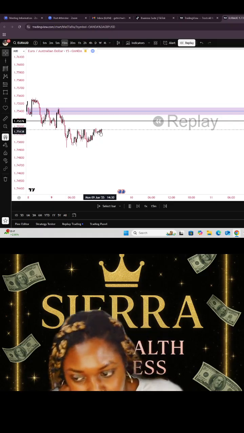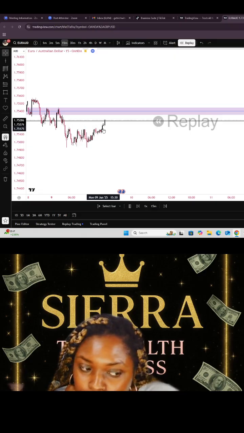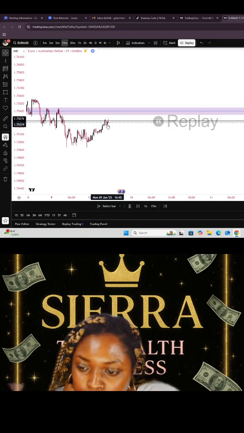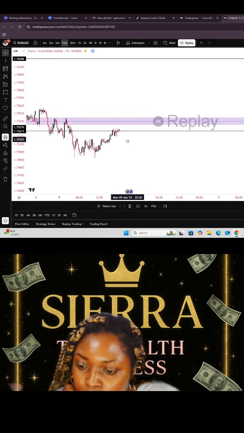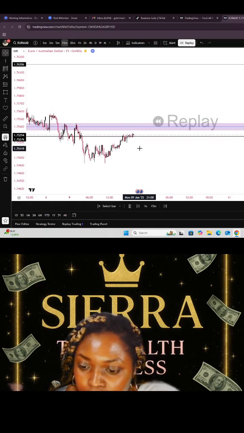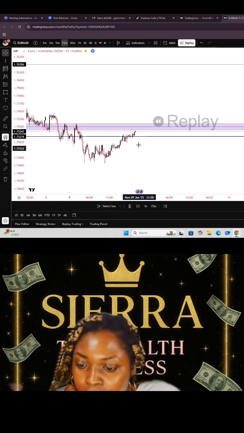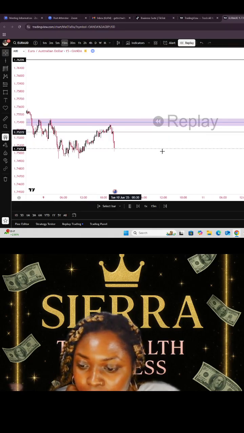Sorry. Monday about to close. All right, Monday Asia session. Price is back at our zone. It's coming back in, okay, which is our second confluence. And now our third confluence is get on top of this zone, okay? See, it's rejecting it again.